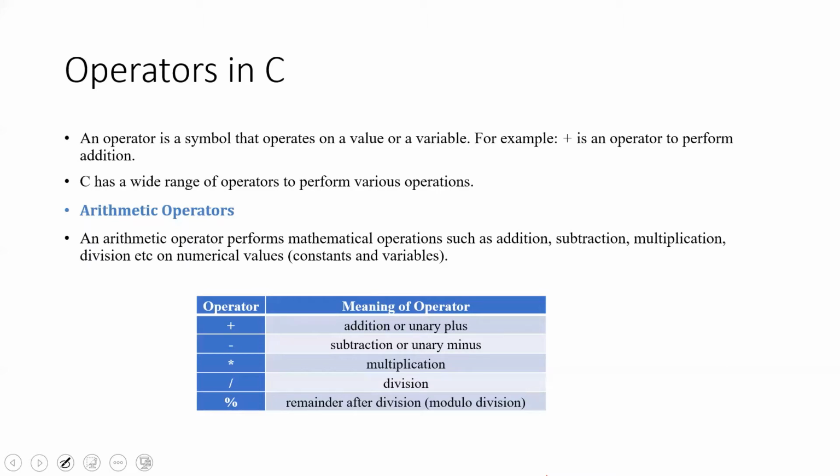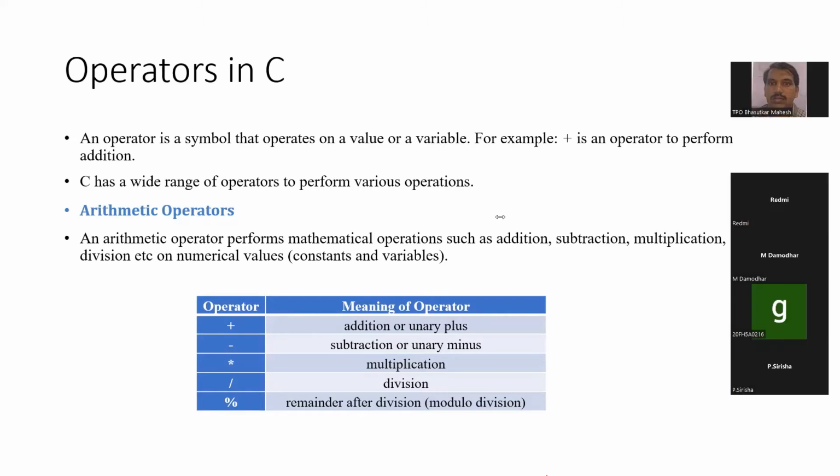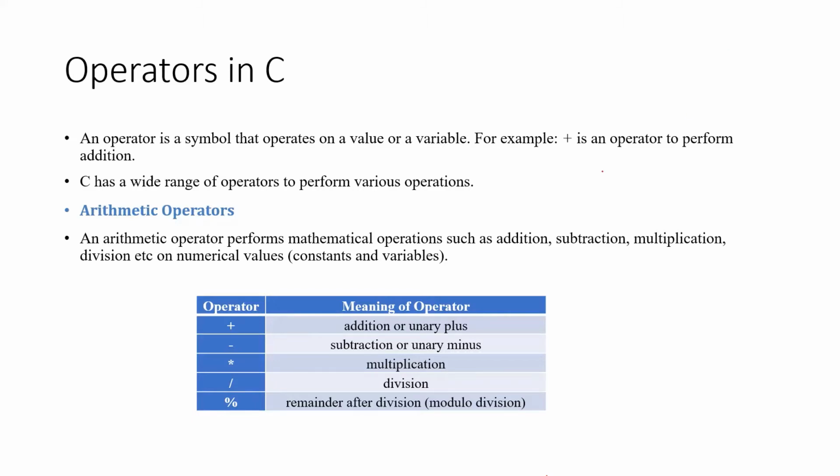Like that, we have normal operators, which are generally available in mathematics. In C programming, today we'll discuss the types of operators we have and how we are going to utilize these operators in our program.